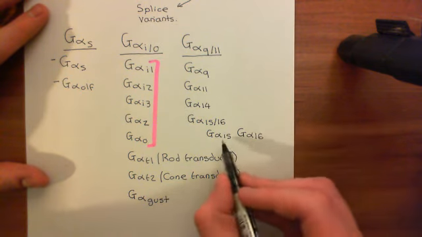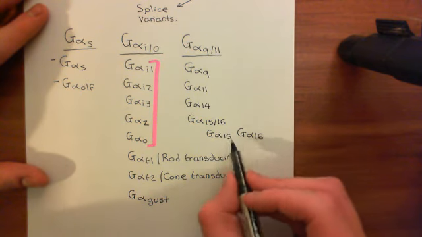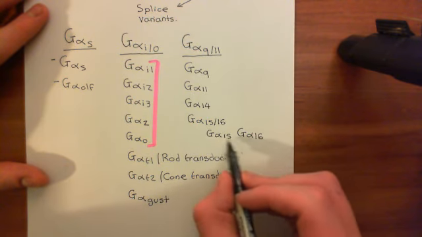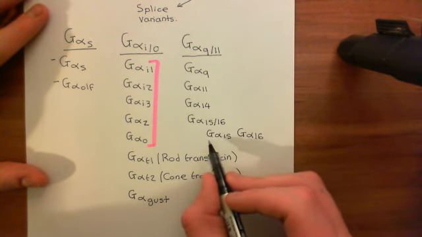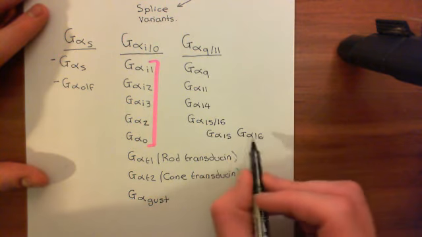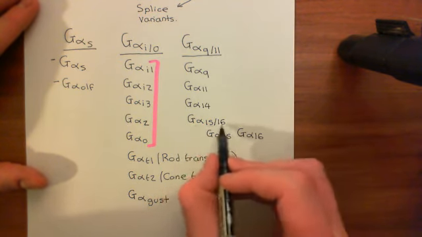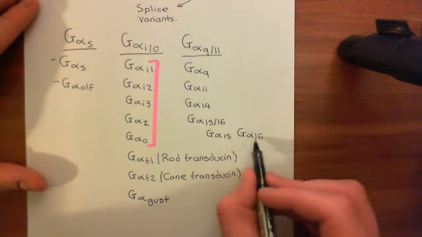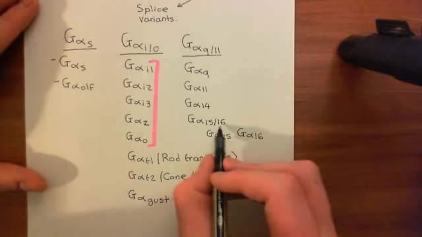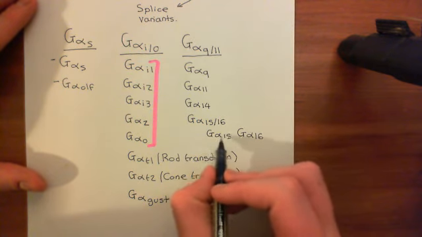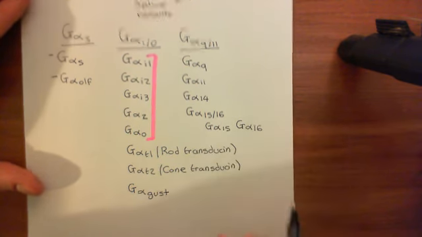Later it transpired that G alpha 16 is really the human version of G alpha 15. So it would be quite nice if we called these two the same thing. We then renamed the G alpha 16 gene G alpha 15/16, and hopefully also we renamed the G alpha 15 G alpha 15/16.